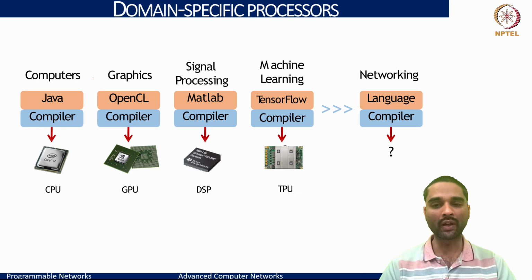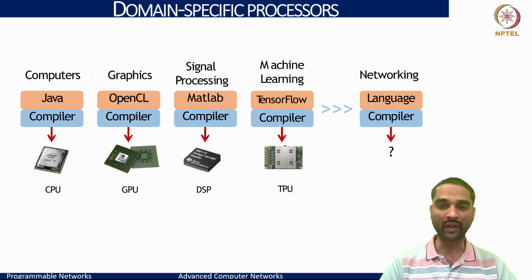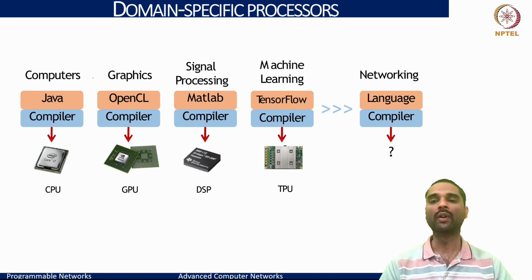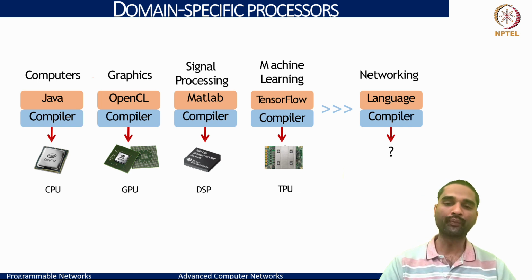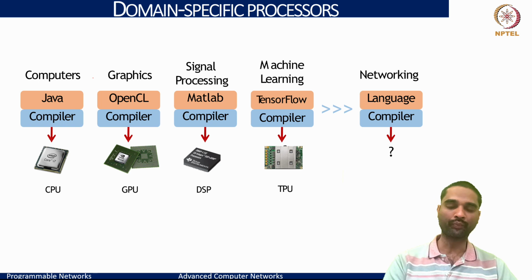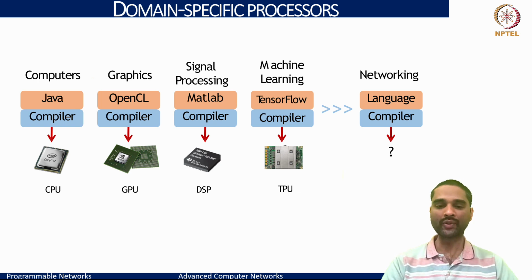That means what we would need is a specific hardware which is generalized, which is going to take the intents of how you would want a network to behave as a program. And that program, compiled for a specific language, would then allow the ASIC that we just discussed to act as a processor that would do the processing, just as any program would run on a CPU or on a GPU.